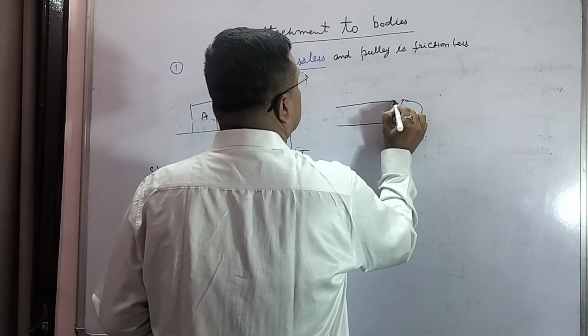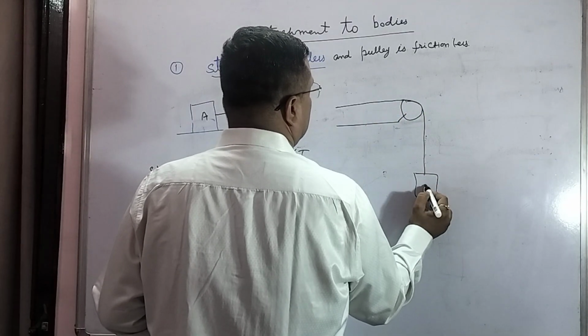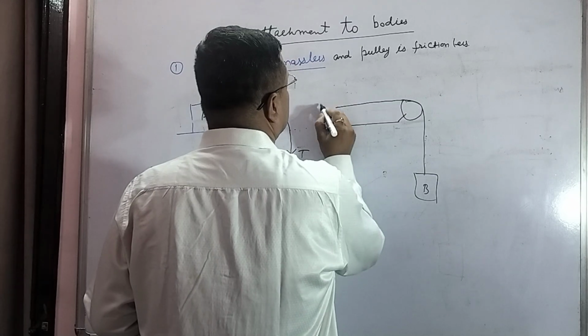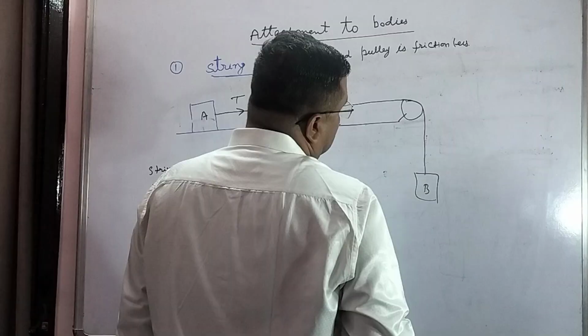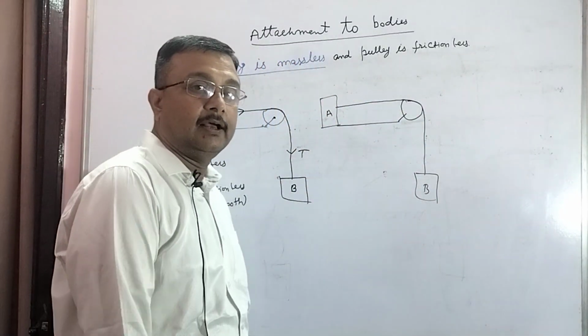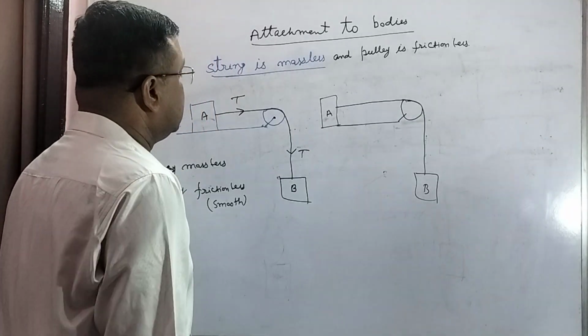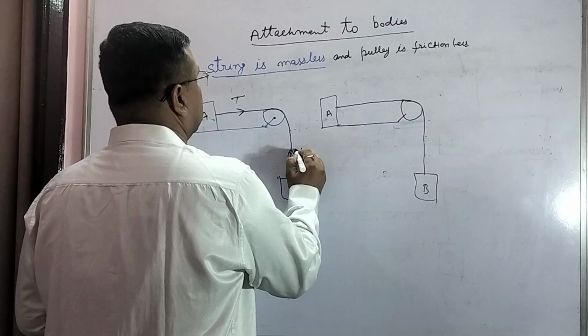Correct. Now suppose the same figure, the pulley is connected, here block B is attached, here is block A. Now suppose the string is massless. The direction of tension will be in this.